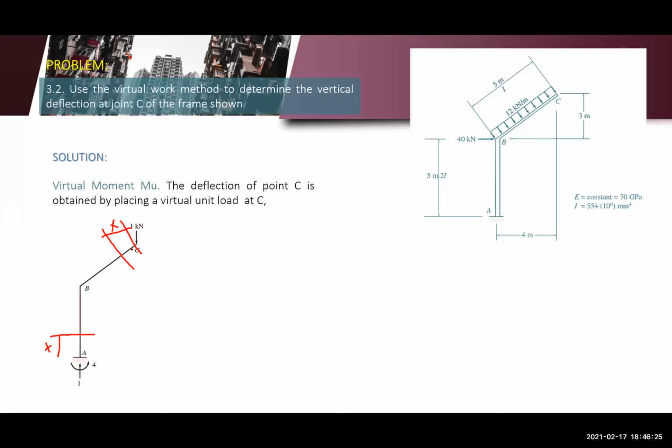So, what you need to do is compute for the components of this one. Since given naman yung dimension ng segment BC ng beam, computan natin yung component or yung angle.